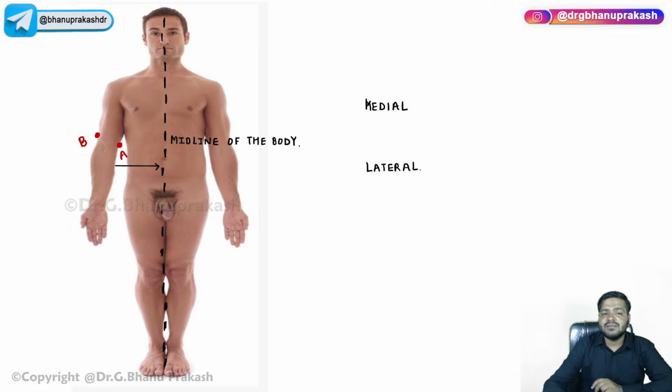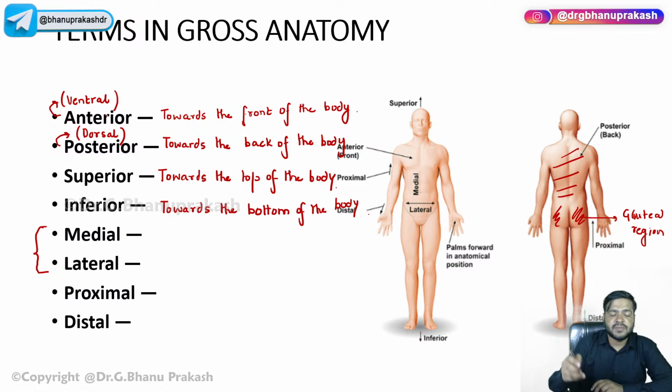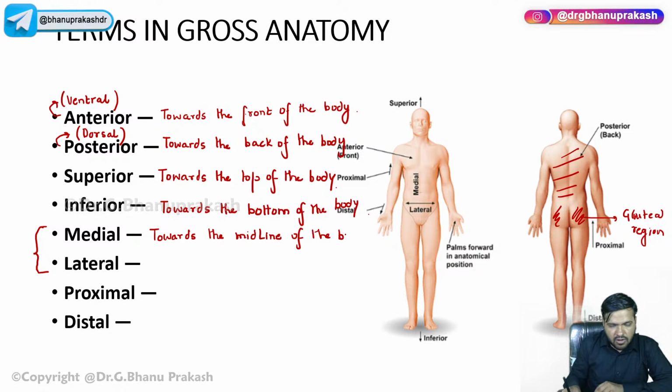You already know anything which comes closer to the midline is said to be medial, and the other one is said to be lateral. So remember guys, medial means towards the midline of the body, and lateral means away from the midline of the body.